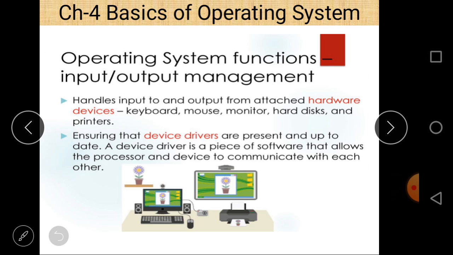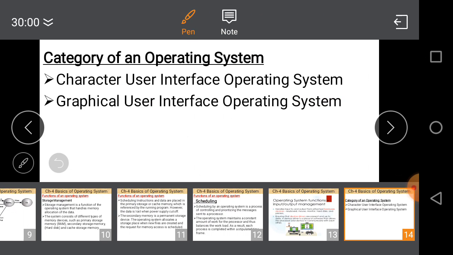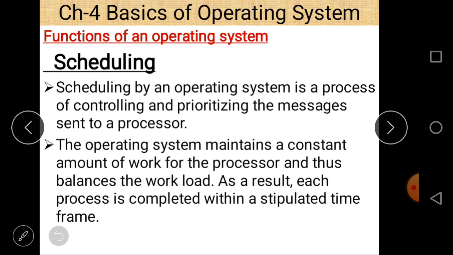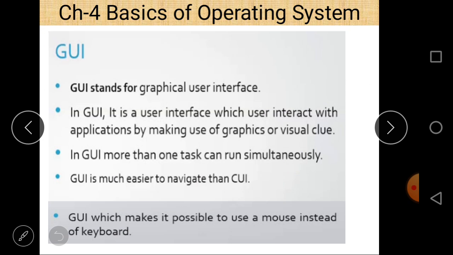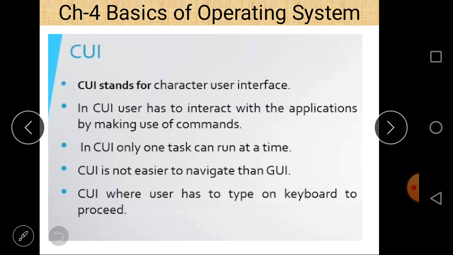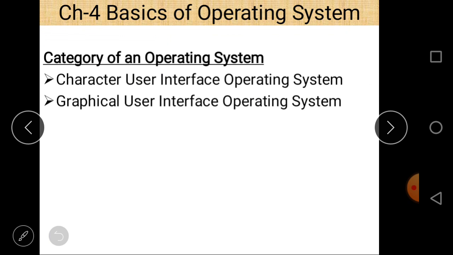These are already discussed in detail. And last is CUI and GUI. That is the difference, and this is asked many times in examinations for ninth class: what is the difference between CUI and GUI? These are the two basic categories of an operating system.